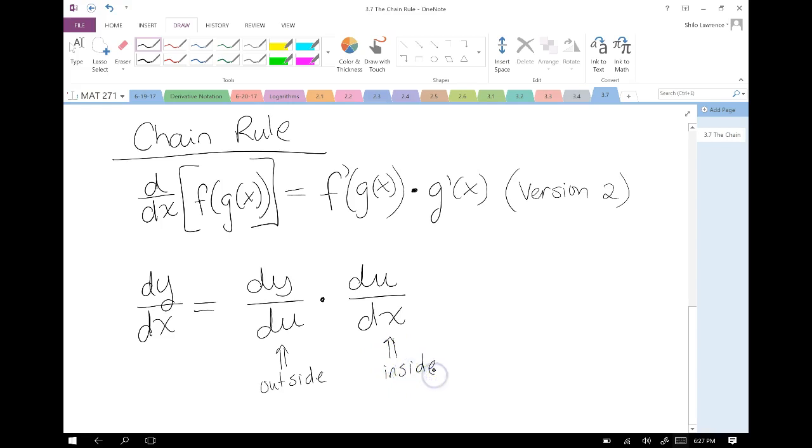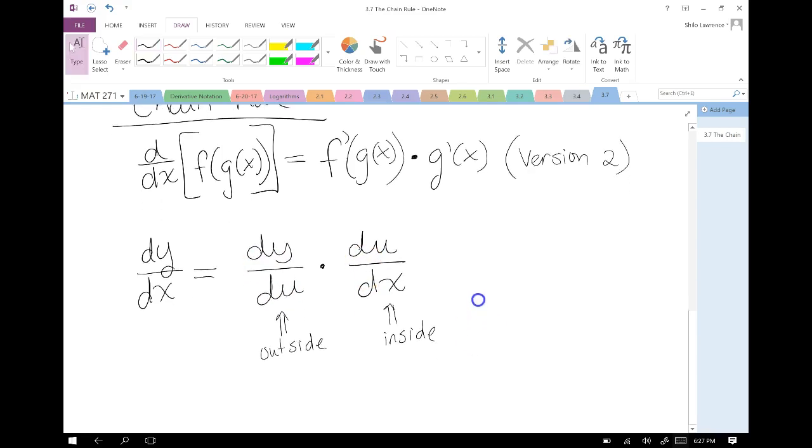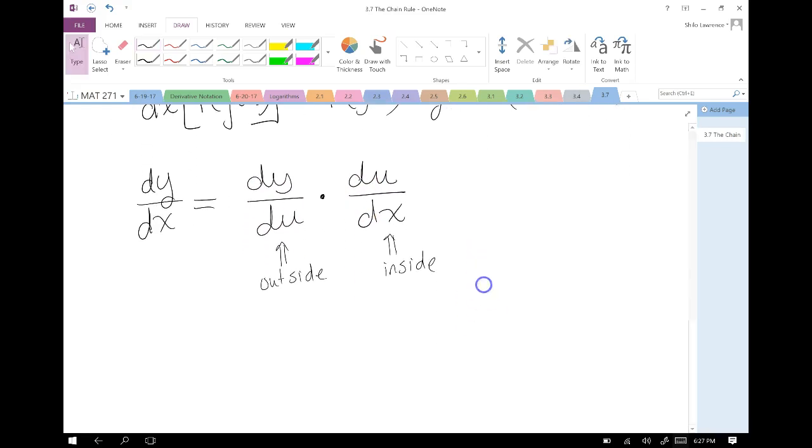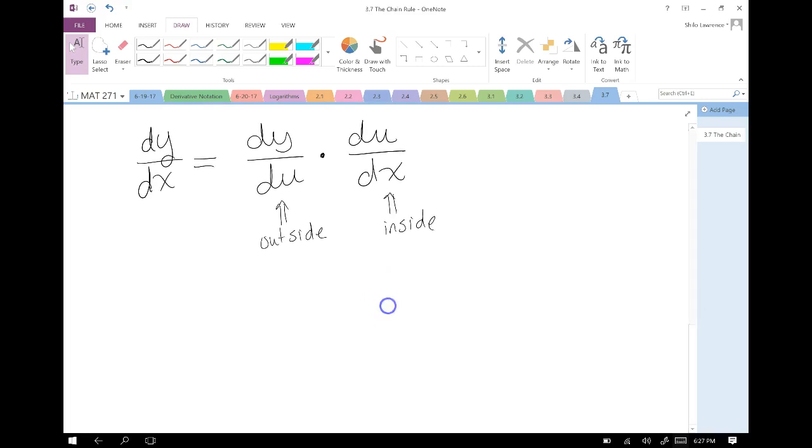And they like you to identify the outside and the inside and do a substitution and actually separate them. So that's where the U comes in. That's where they introduce the U. And in some of the homework problems, they introduce this U. So I want to do a couple of examples and show you how exactly they do that.